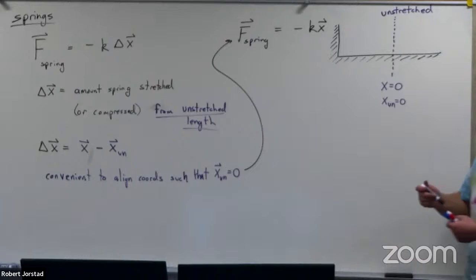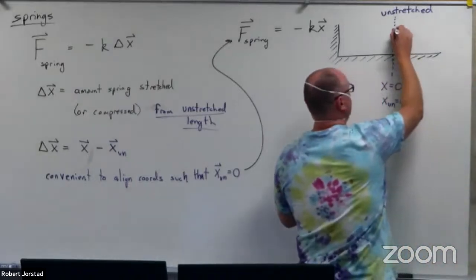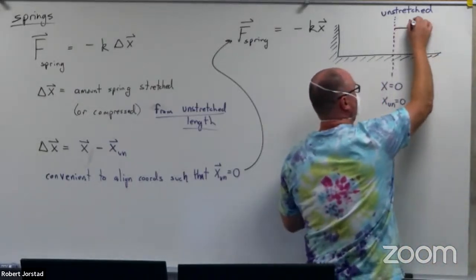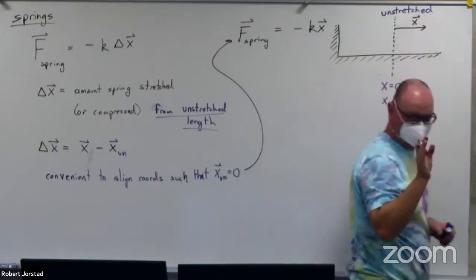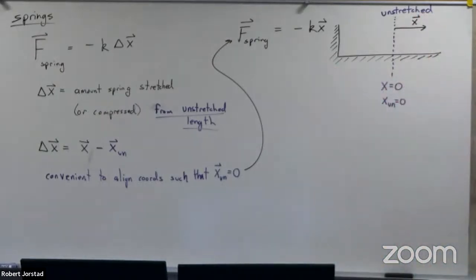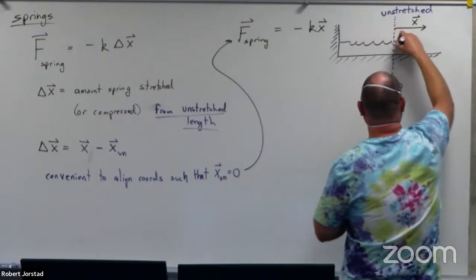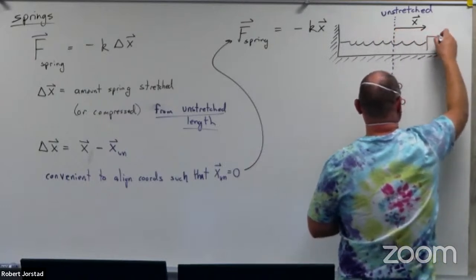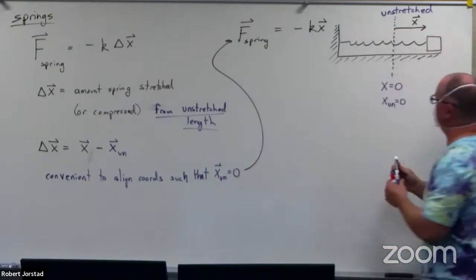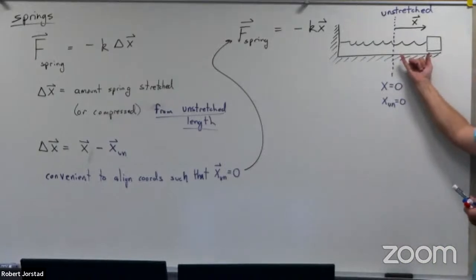Okay? And in this problem, this would be x, a vector, from there to the right. And imagine if you had your spring. Notice the block moves over this much, so the spring got stretched x. Agreed?